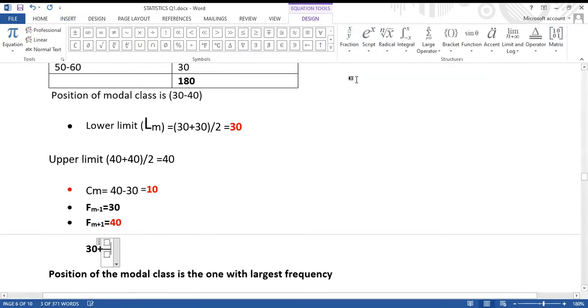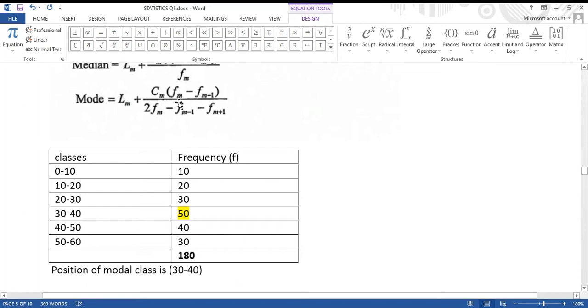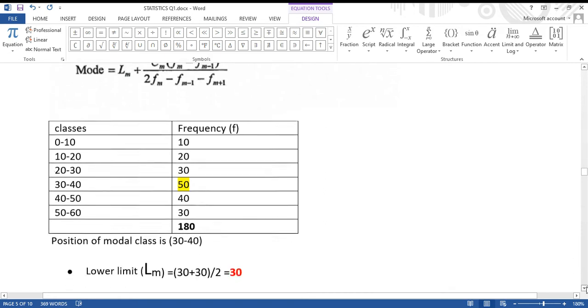Our class width is 10, so that is 10, open brackets. All right, don't worry, I'll bring the formula close so that we see how we've substituted. Right, fm is the frequency of the model class, 50, minus the frequency before the model class, 30. So 50 minus 30.